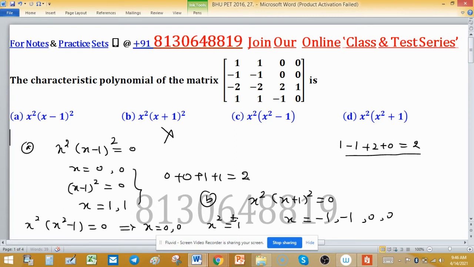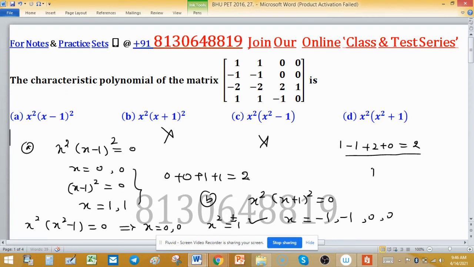We consider both values. In the positive case we are done, but in the negative case we are not okay. So option C is discarded, because we have the possible eigenvalue minus 1 also.